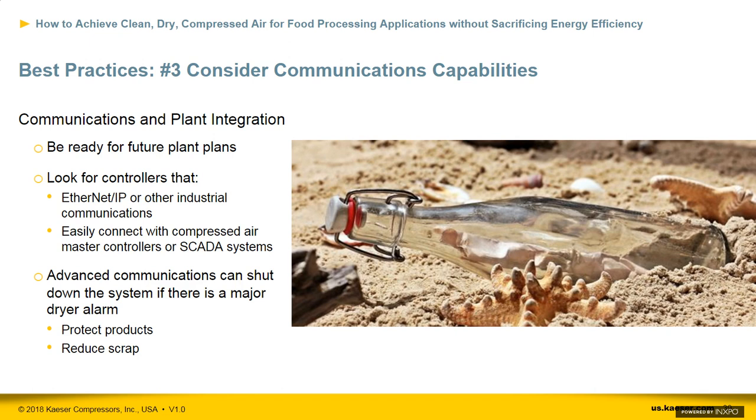Having this connection to a centralizing control system can enable alarm notification when there is a dryer or drain alarm, for example. If necessary, it can be programmed to shut the entire system down to prevent contamination due to an air treatment malfunction. This can help protect your products and reduce your scrap rate.